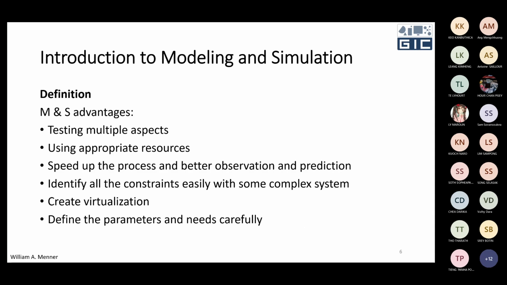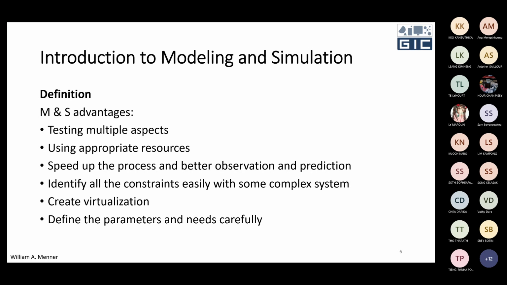Sorry. So when we talk about modeling and systems, we always focus on, okay, teacher, if I use this, what is the benefit that I can get from this course or this kind of technique?